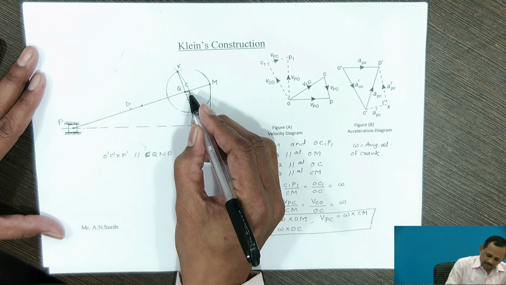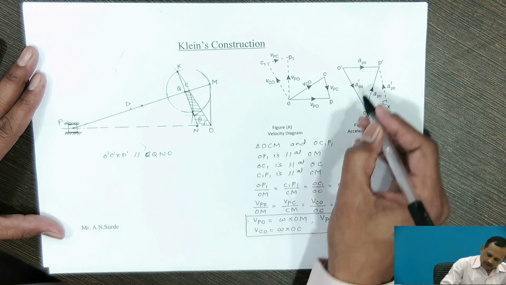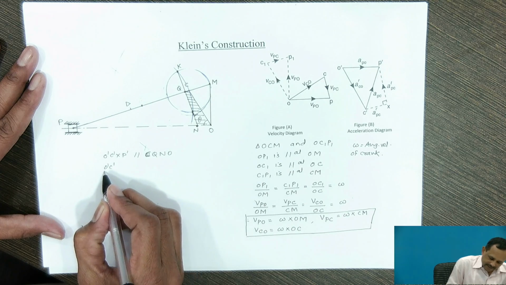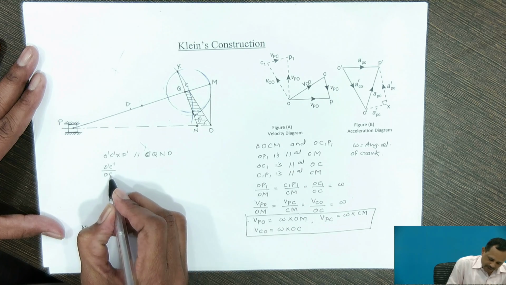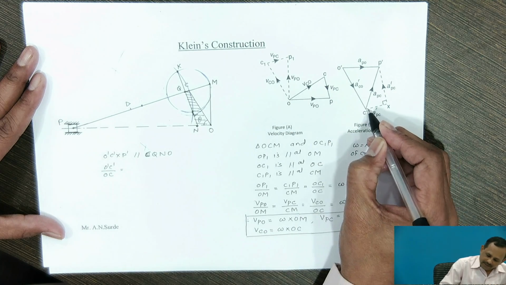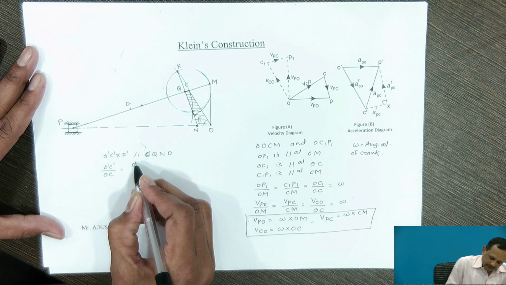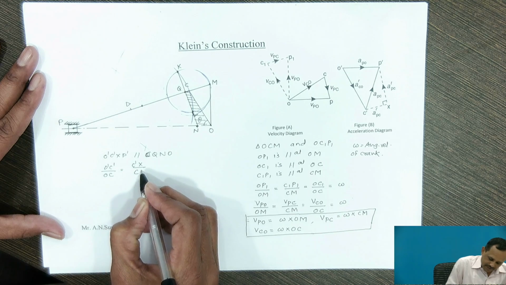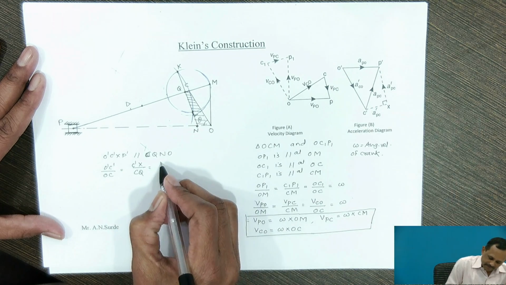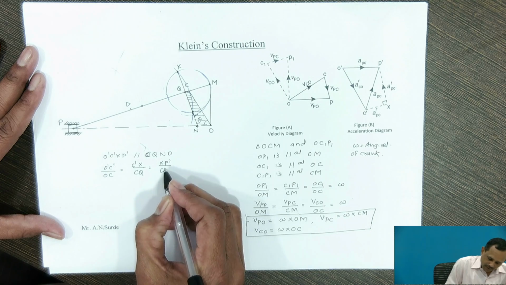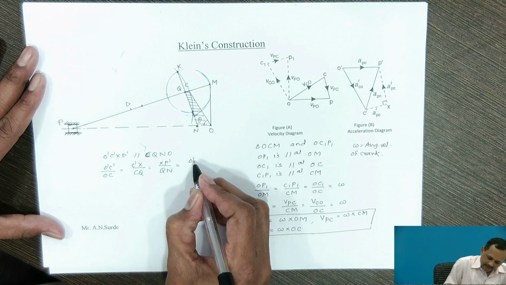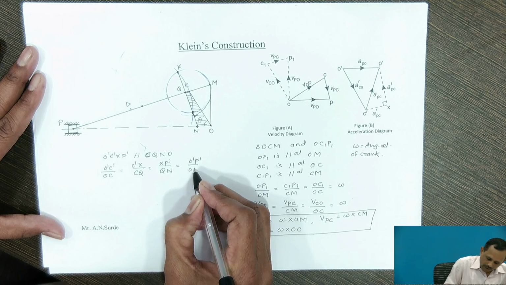So, vector O dash C dash may be regarded as parallel to OC, vector C dash X is parallel to CQ, vector X P dash is parallel to QN, and O dash P dash is parallel to ON.